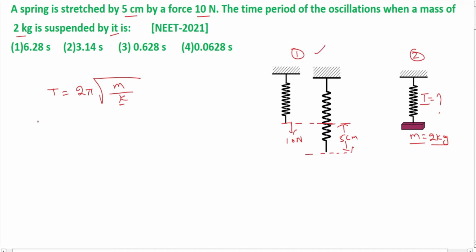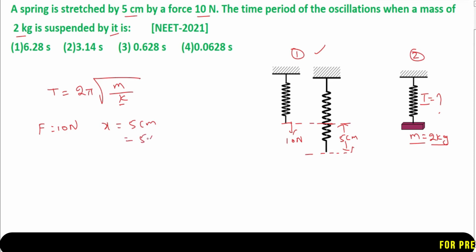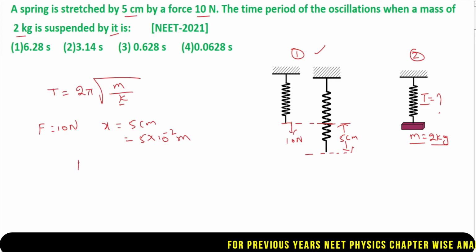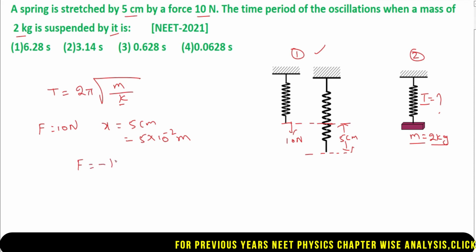What did he give? He said that he applied a force of F equal to 10 Newton, because of which the spring extended by 5 centimeters, that is equal to 5 into 10 power minus 2 meters. Now we know that in the case of a spring, the formula for force is F equal to minus kx.